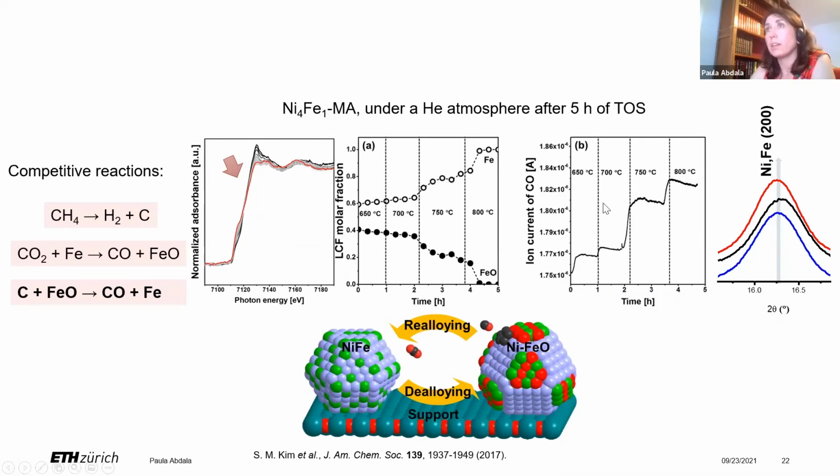Simultaneously acquired MS data show the formation of carbon monoxide in each of these reduction states, pointing out to us this reaction.